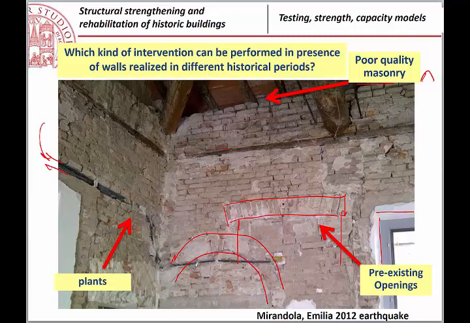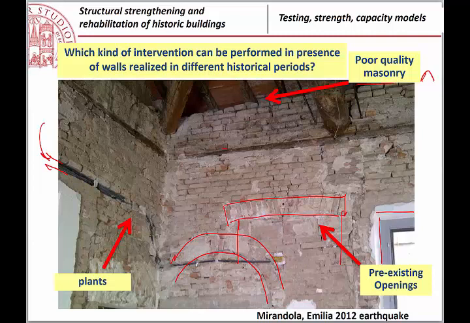This is, for example, a very bad realization of an electrical plant in the building, cutting almost half of the thickness of the masonry to put the cables of the electrical system. Of course, when you have a seismic action, every time you have a reduction of the thickness of the wall, you start having cracks, and the vulnerability is strongly increased.